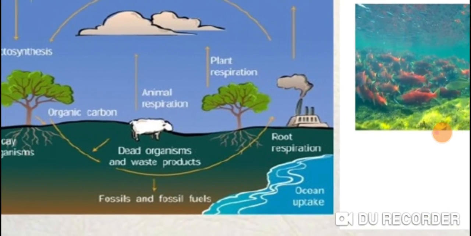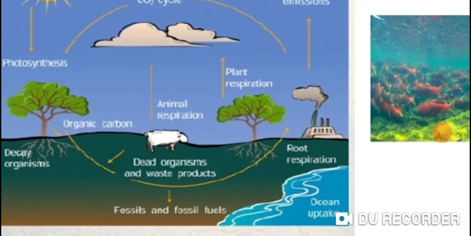For example, certain processes in the environment. The cow or the buffalo in the center breathes, so it respires, in which carbon dioxide is released. The plants respire during night times, and carbon dioxide is released. The dead organisms and waste products that decompose in the soil by fungi and bacteria also release carbon-containing compounds in the air.